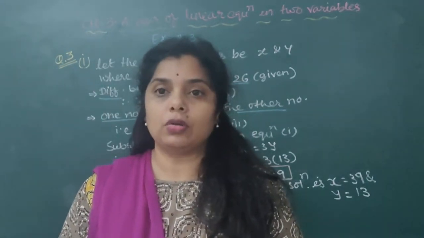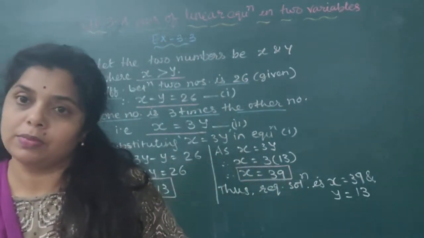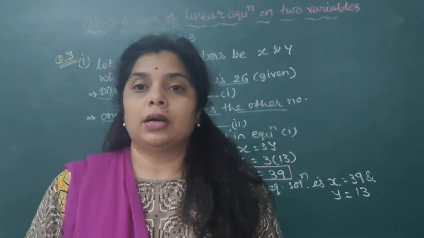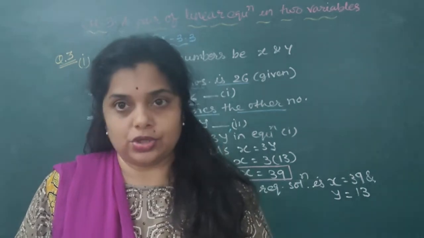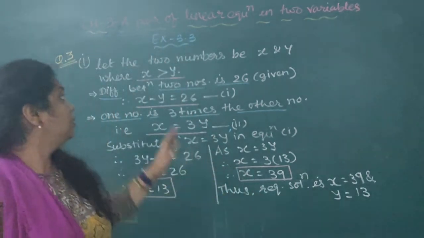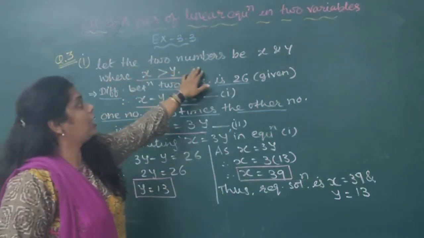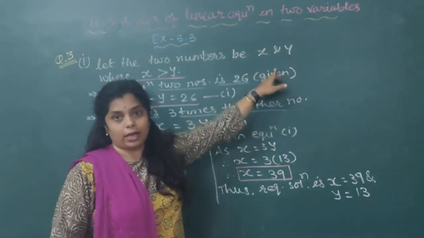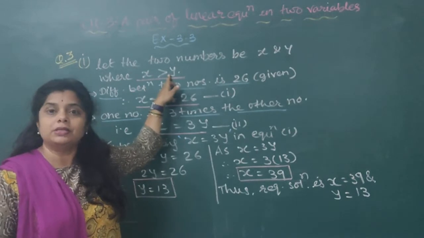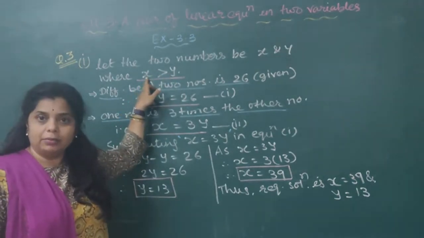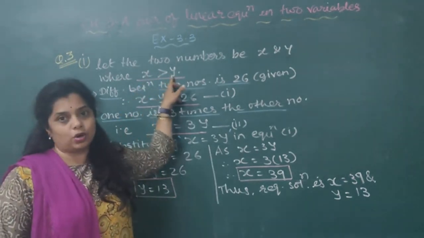So how can we solve this problem sum? By the substitution method. First of all we have to make a supposition. Let the two numbers be x and y, where x is greater than y, it means x is the bigger number and y is the smaller number.